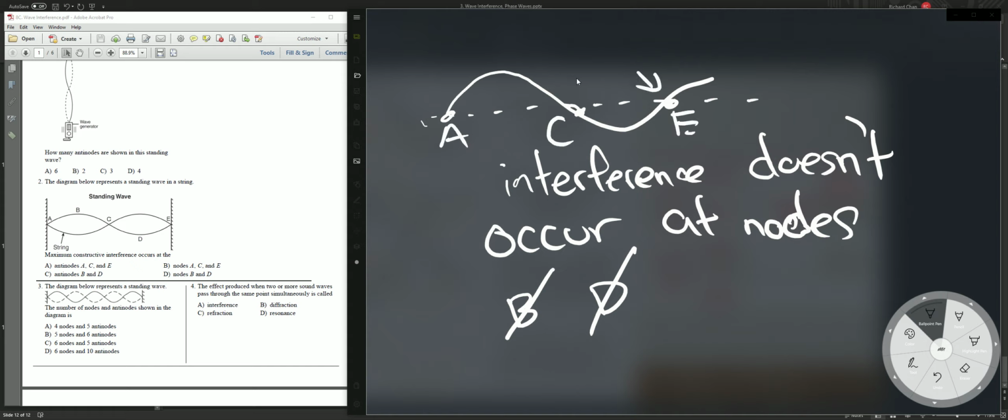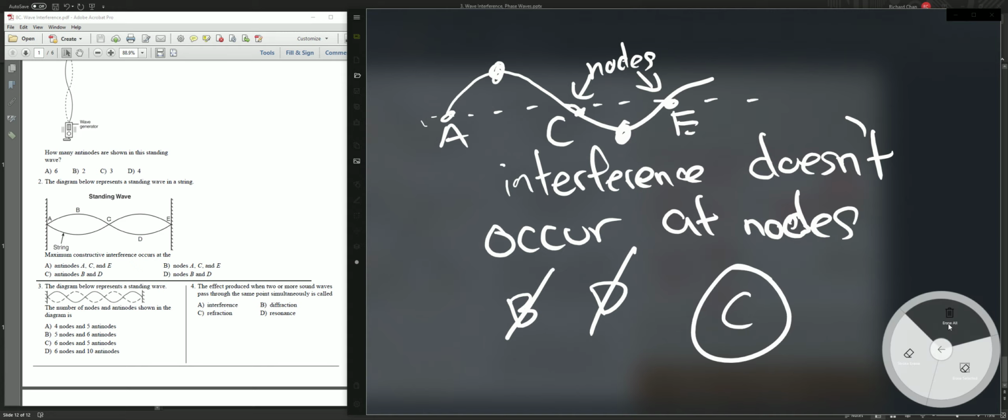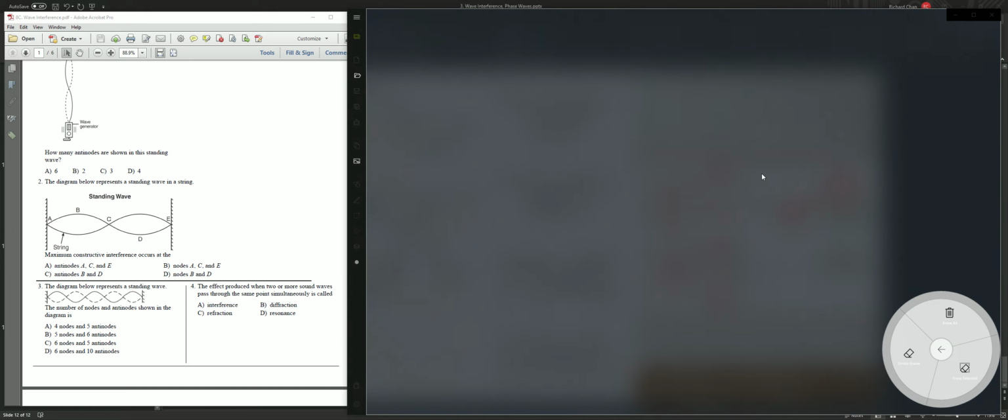I'm sorry. These are nodes, and the antinodes are right here, at maximum displacement. Antinodes are B and D. So the only choice is C. Maximum displacement only occurs at antinodes.